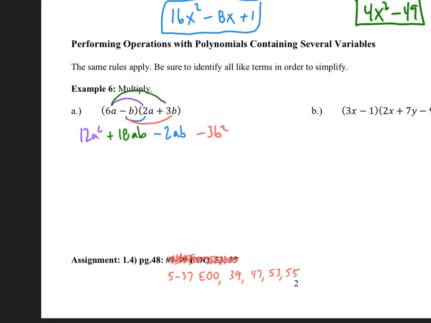So 18ab minus 2ab is 16ab. 12a squared plus 16ab minus 3b squared. So that's kind of standard form for a problem like this.